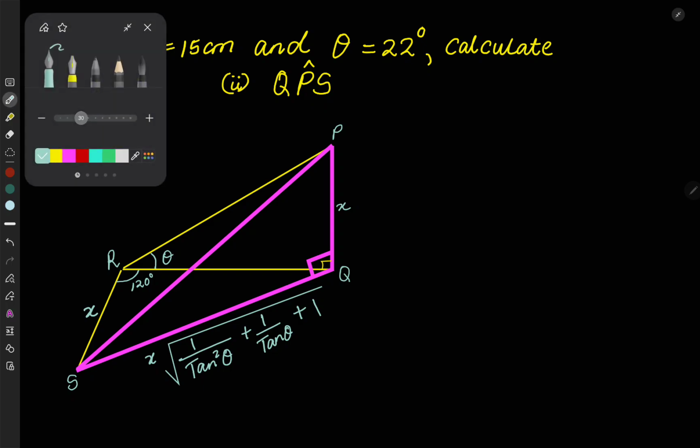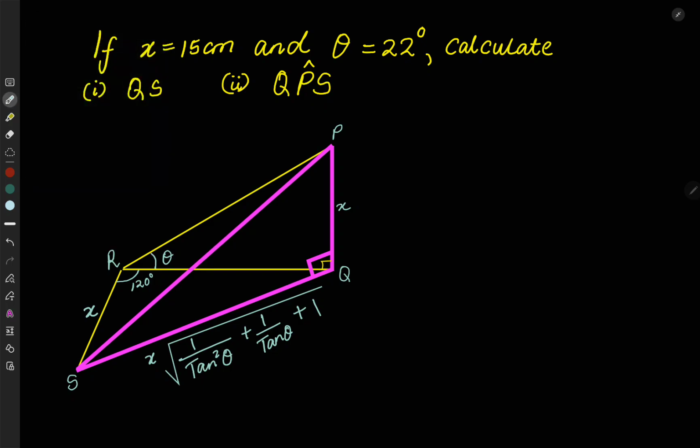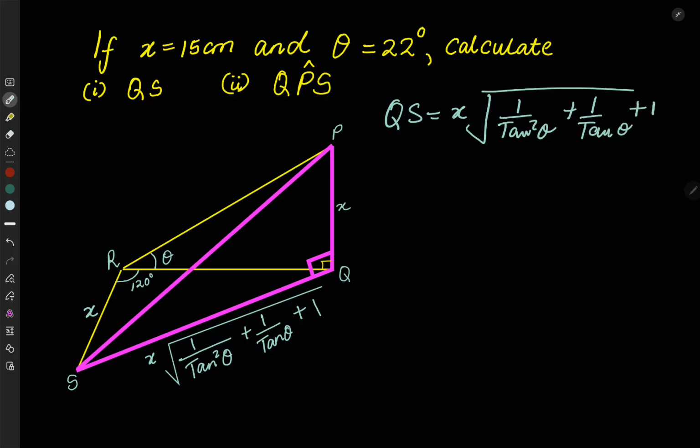So you just use the QS that you have been given from the previous question, which states that QS, remember, was equal to x, the square root of 1 over tan squared theta plus 1 over tan theta plus 1.